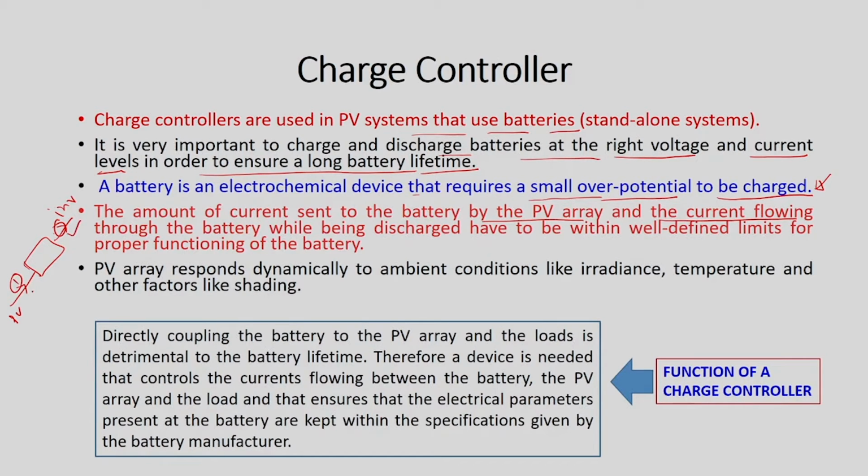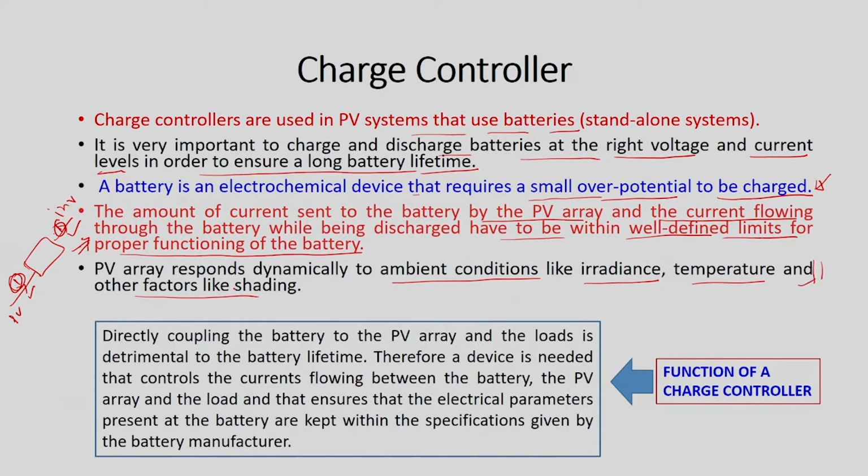One is for discharge and one is for charging, and both have to be within well defined limits for proper functioning of a battery. The charging current and discharge current have to be at the proper level as described by the manufacturer. The PV array responds dynamically to ambient conditions like irradiance, temperature and other factors like shading, which we discussed in the last class.